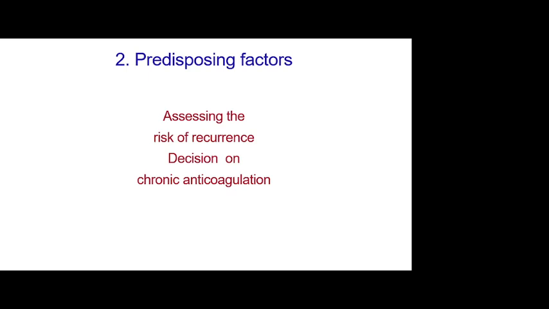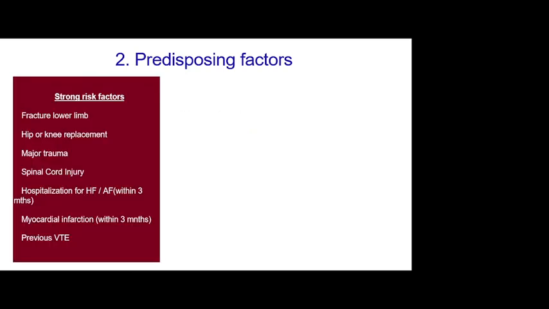When it comes to the management, predisposing factors are very important because they will predict the probability and the risk of recurrence and the decision for chronic anticoagulation. Predisposing factors can be divided into three categories: strong, intermediate, and low risk factors.